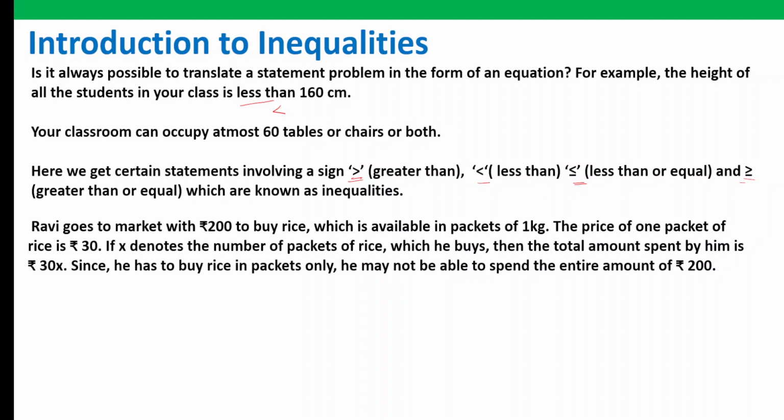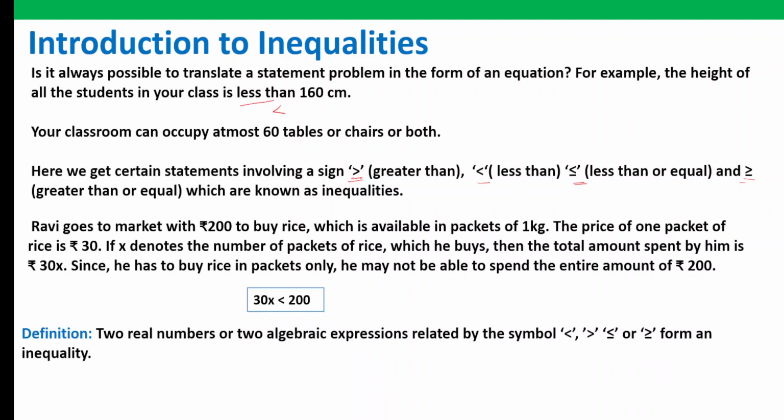Since he buys rice in packets only, he may not be able to spend the entire amount of 200 rupees. So here we have to use less than, because Ravi can spend only a maximum of 200, or less than or equal to 200. So we always consider 30x less than 200. So this is an example of an inequation.